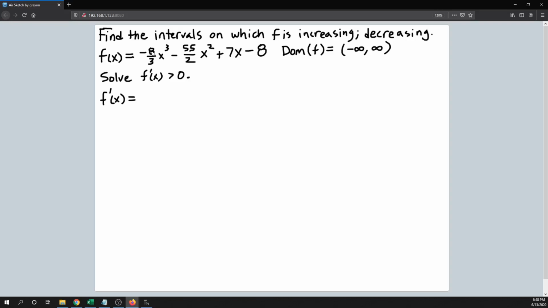We rewrite the constant and multiply by the derivative of the function part. That is a power function x cubed, so the derivative would be 3x squared. Bring the power down and drop the power by 1.